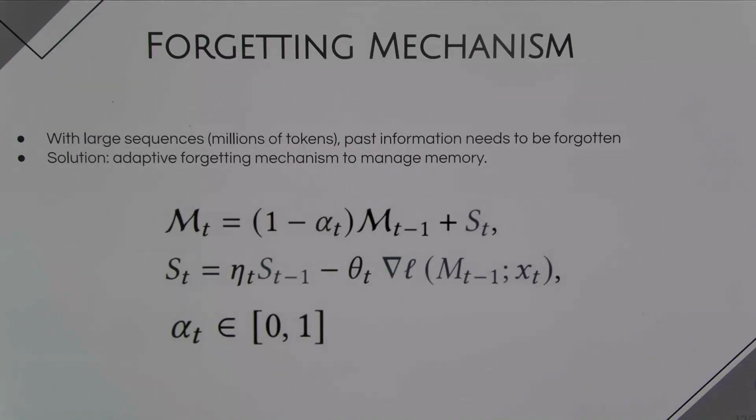With a really long sequence of tokens, you might want to forget, say, 2% of what you had before. This isn't amazing, but it gives you adaptive forgetting, which is a smarter way to manage your memory than just having a constant in there. Does that make sense? Any questions about how this works, if I wasn't clear?